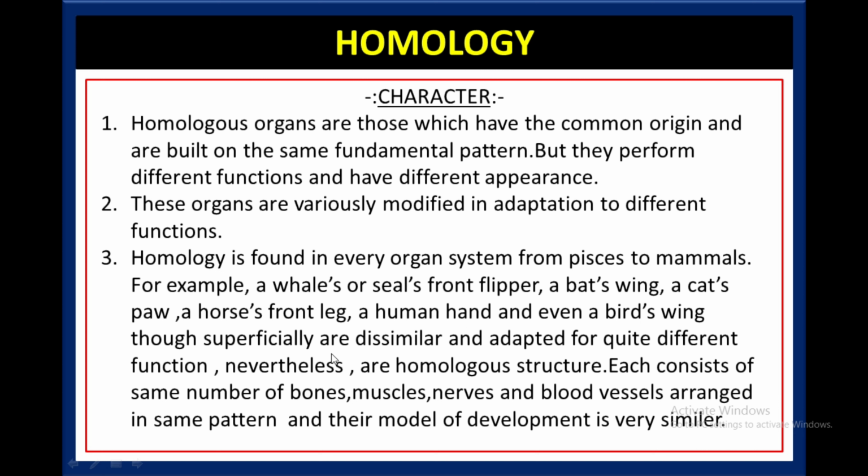Superficially, those are dissimilar and adapted for quite different functions. Nevertheless, they are homologous structures. Each consists of the same number of bones, muscles, nerves, and blood vessels arranged in the same pattern, and their mode of development is very similar.